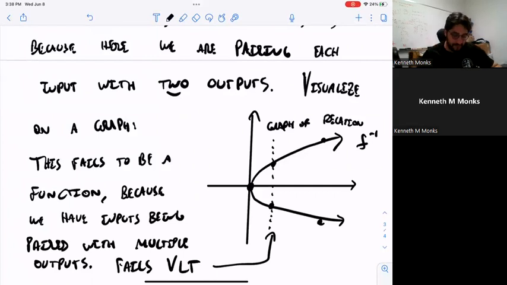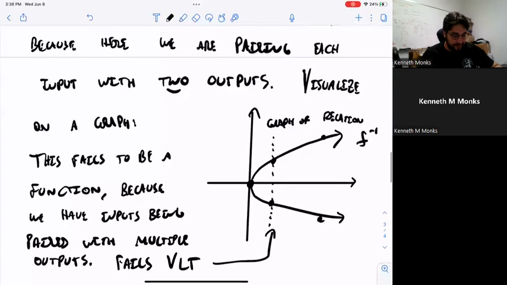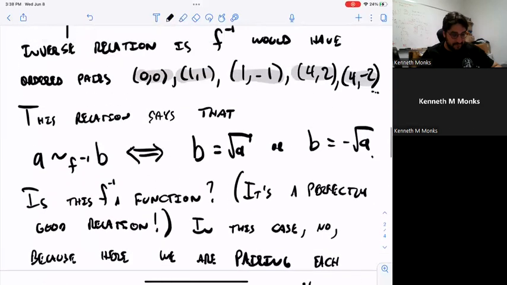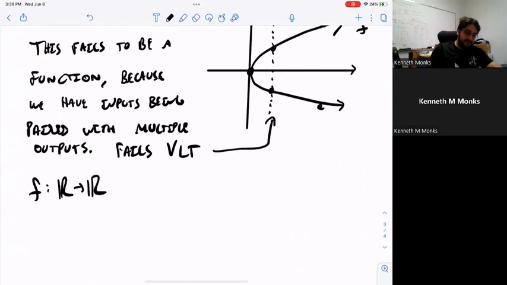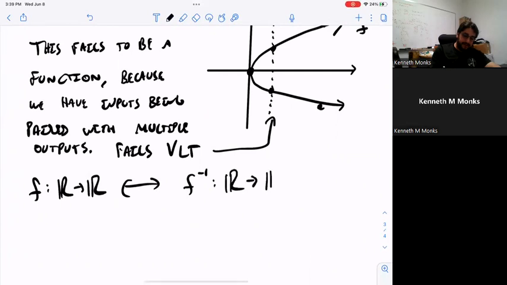There's also another issue though, which is to say that f, what were the domain and codomain? Well, they were the real numbers and the real numbers, right? But there's another issue. When you turn around to f inverse, the domain and codomain still are both real numbers.